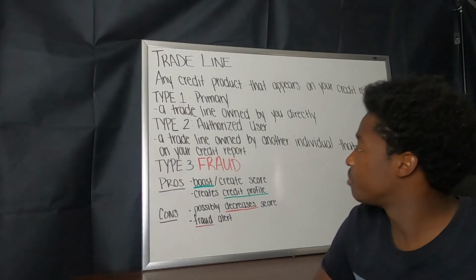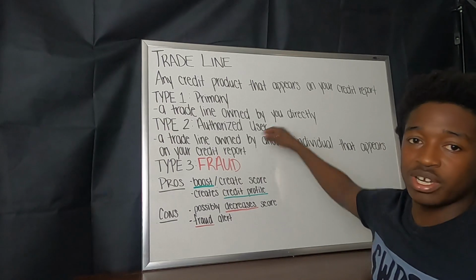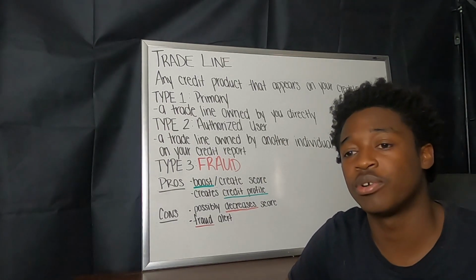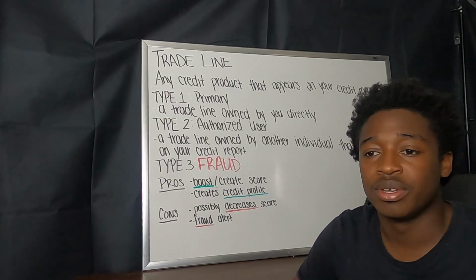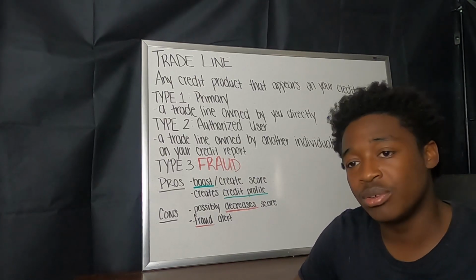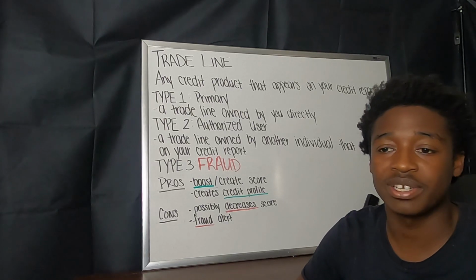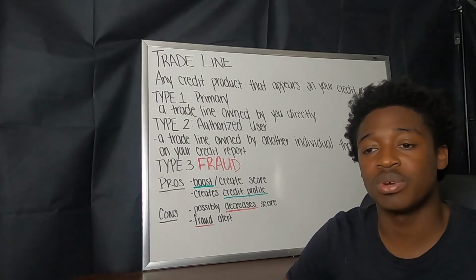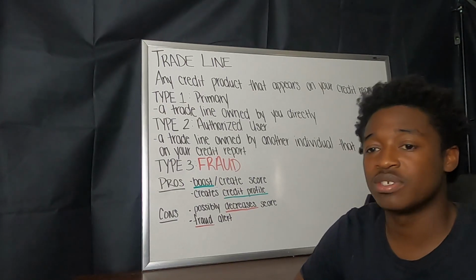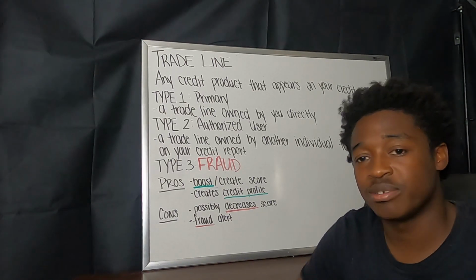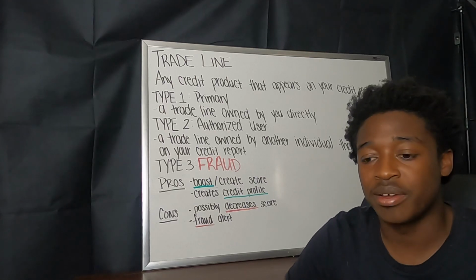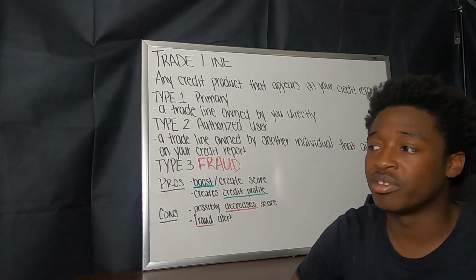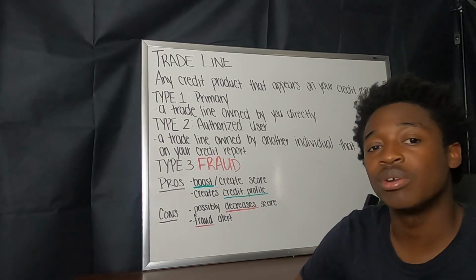The second type is an authorized user trade line. This is something we've talked about on this channel before. Either you go to an AU company, which I don't necessarily recommend, or you go to a family member and say, here's my information, my social, my name, my address, date of birth, for you to be able to add me to your card.